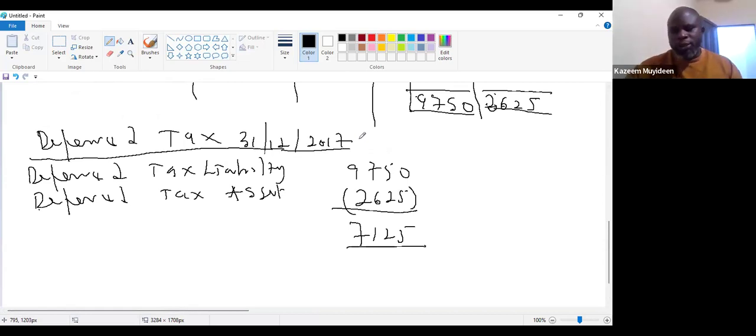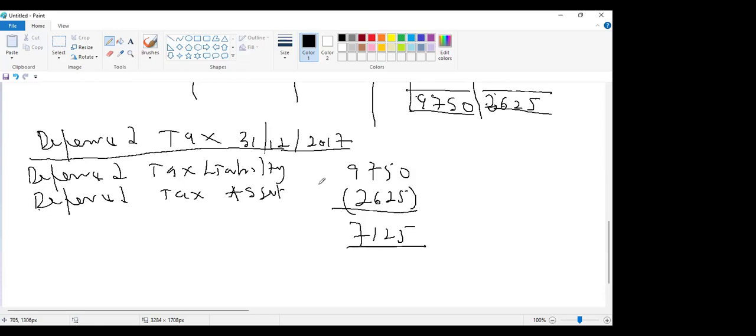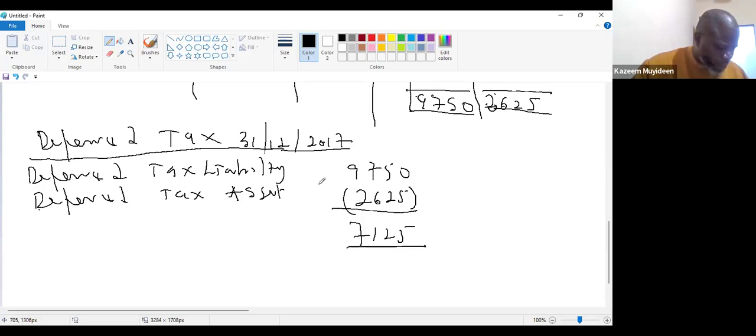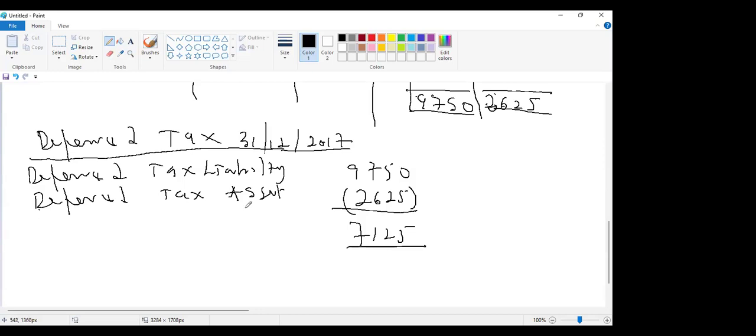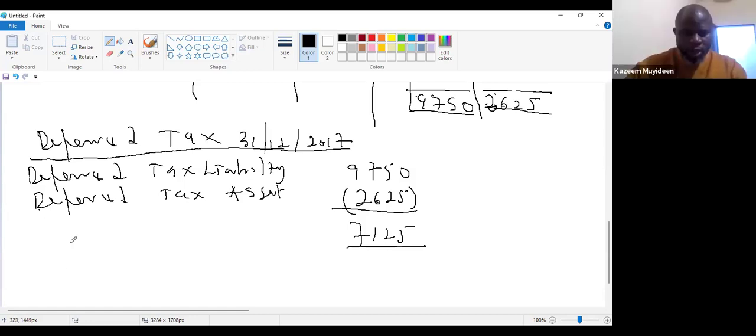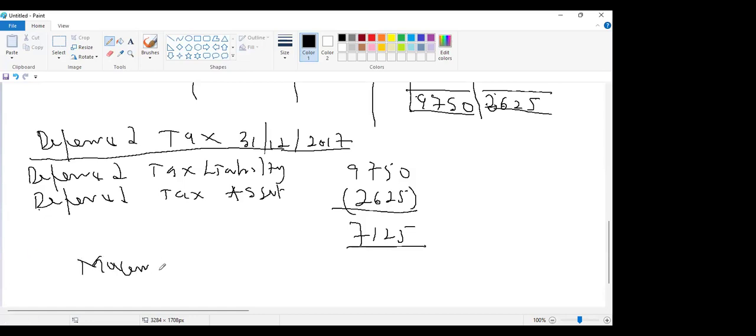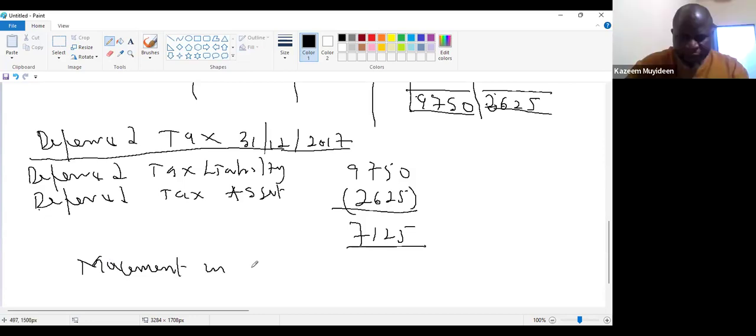This one we close with. Then the question also says further, and the charge to profit or loss for the period in accordance with IAS 12. He has given me opening balance. Movements in deferred tax.